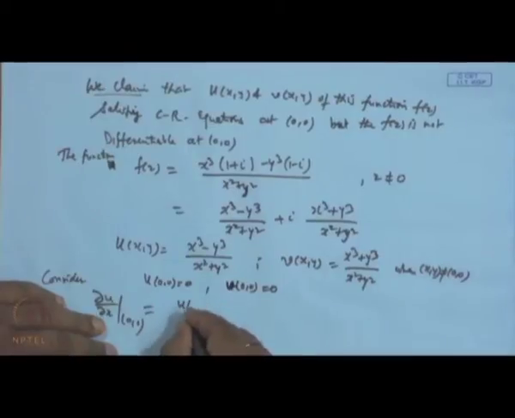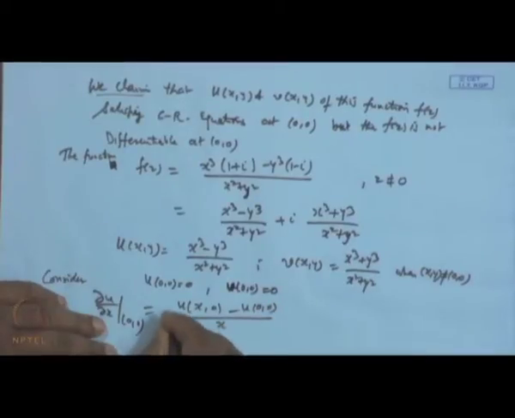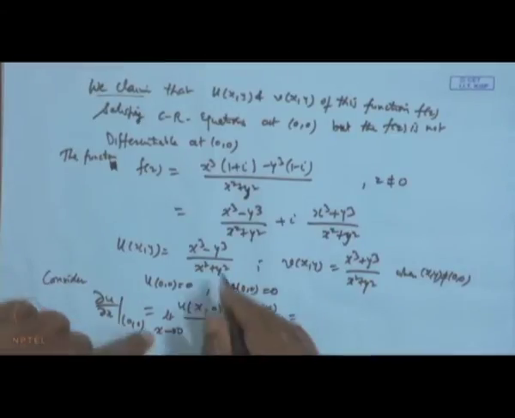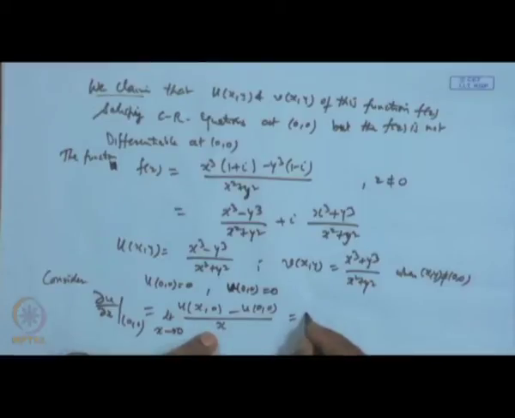So, the limit as x tends to 0 of (u(x, 0) minus u(0, 0)) divided by x will be del u over del x at the point (0, 0). Now, u is this. So, when you take y as 0, u becomes x cube over x square, which is x, so x divided by x is 1.